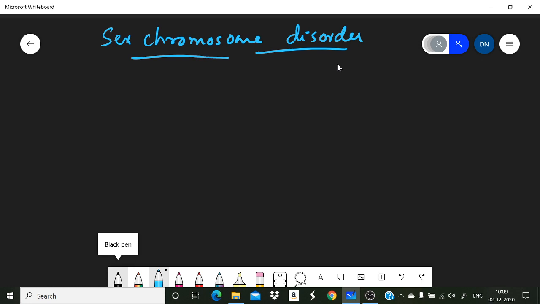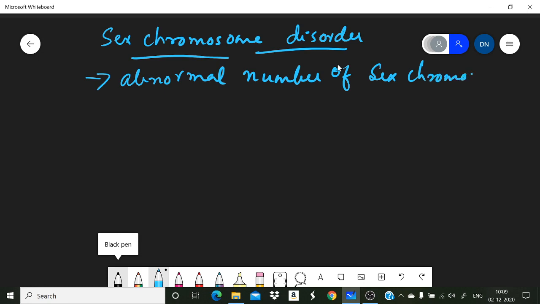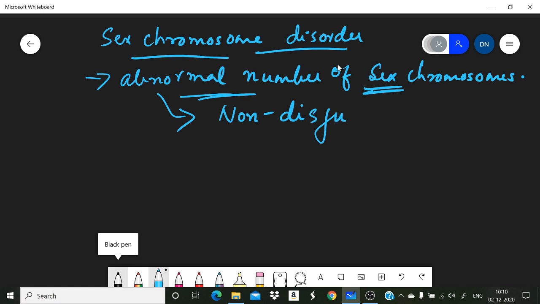These disorders occur due to an abnormal number of sex chromosomes in the cell, not autosomes. This abnormal number of sex chromosomes is also because of non-disjunction, or non-segregation, of chromosomes during gametogenesis.